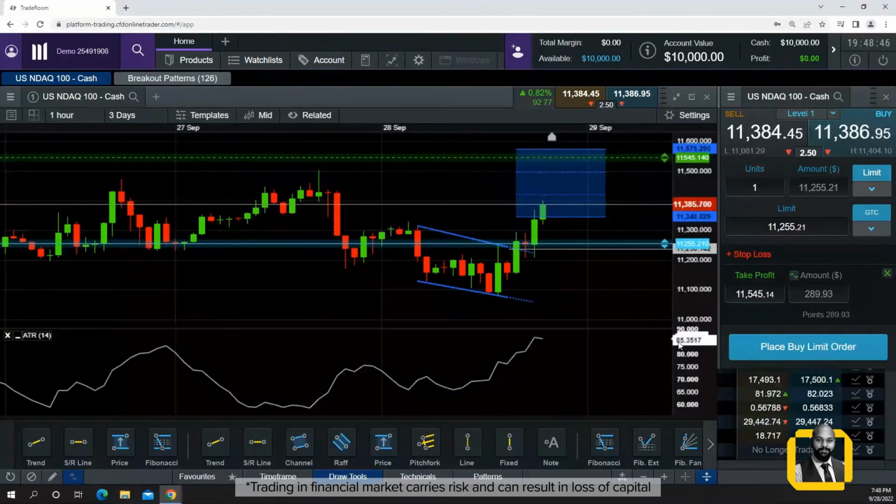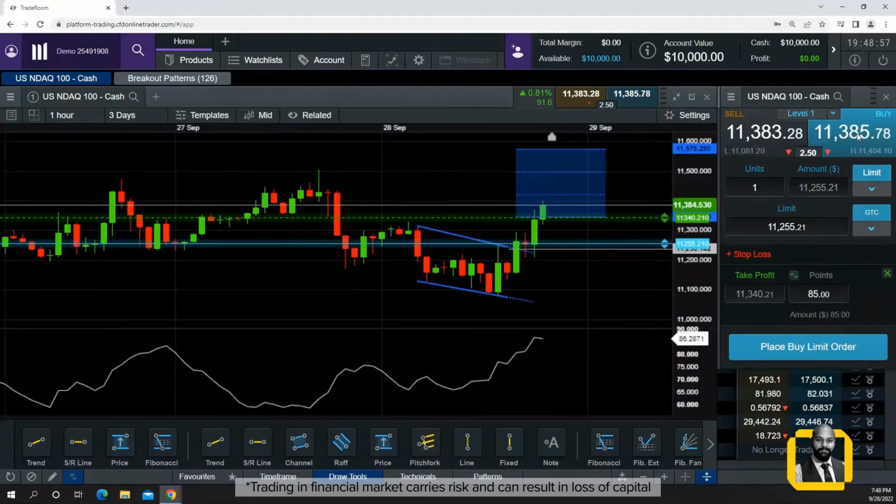This is where your ATR helps you. Your ATR is telling you it can go up by $85. So you can put 85 points. Each dollar move on Nasdaq is 1 point. 1 point is equivalent to $1. So since I'm buying 1 unit, I can expect it to give me $85.